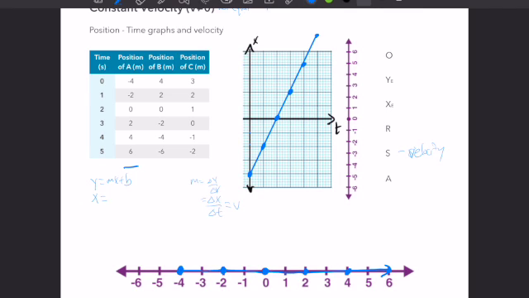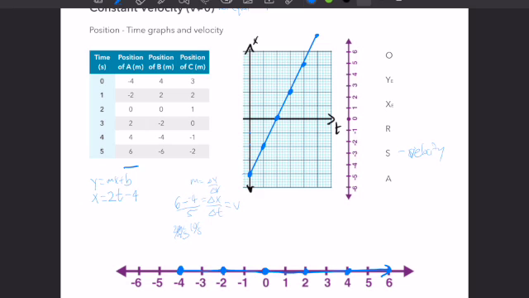So we have a final position of 6 minus the initial position, which was minus 4, and that occurred over a period of 5 seconds. So we have 10 over 5, or 2 meters per second. So we have a slope of 2. The x-axis is t, and the y-intercept is minus 4. x equals 2t minus 4.